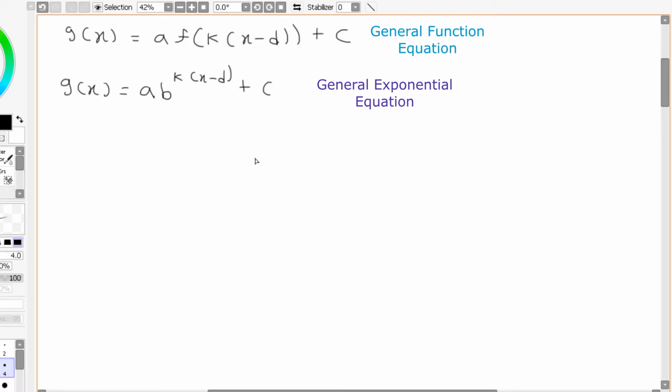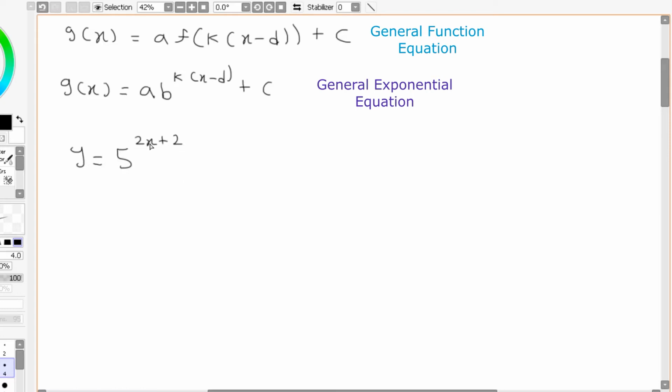Sometimes you may not see those exact parts, so you could be confused how to graph the function if you don't know what the transformations are. But the key is that sometimes you need to factor the expression, usually with the exponent part around x. For example, you can have y equals 5 to the power of 2x plus 2.